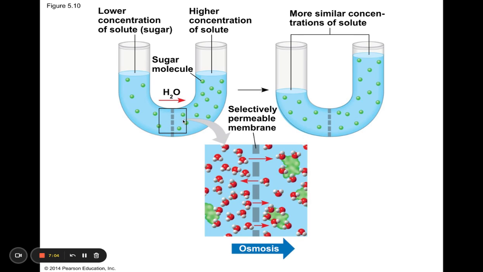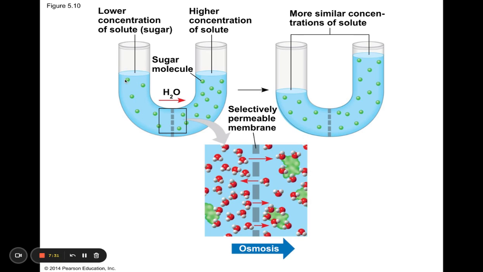So when the solute cannot move, then what is moving? The water is moving, correct? And we can determine water movement by the fact that in the beginning of the experiment, the height of both tubes is the same. At the end of the experiment, the height of one of the tubes is higher because water, and the other one is lower because water has moved from the left tube to the right tube.